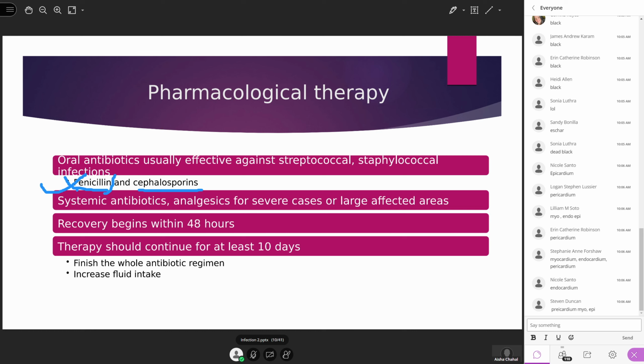So really our role comes into play, that we have to do good patient education. Systemic antibiotics are given, analgesics can be given based on the pain. Recovery usually happens in 2 days or so, pretty much after 2 doses of IV antibiotic, we start to see the results. It should continue at least 10 days. It depends on the type of antibiotic.